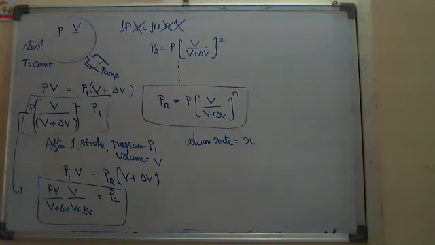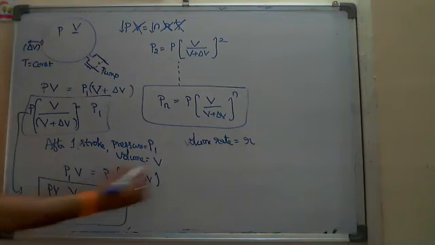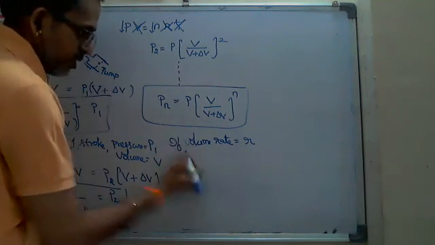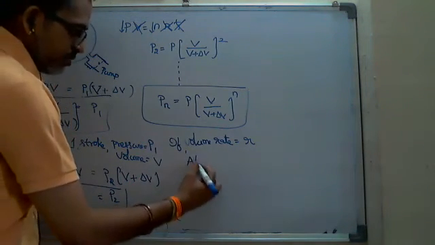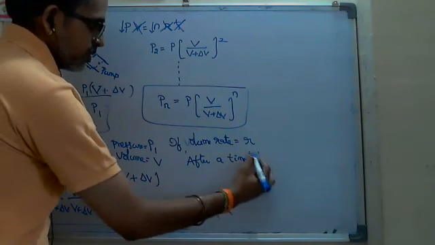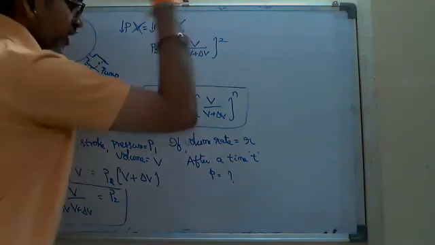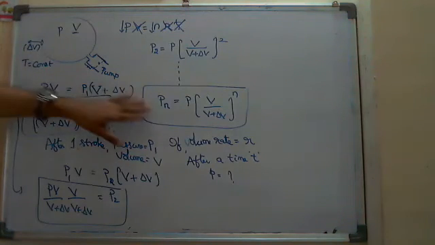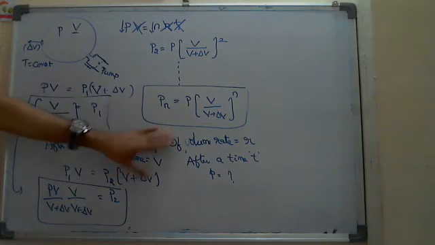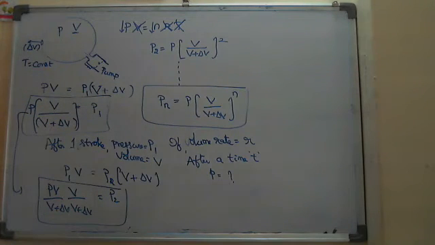Then after some time t, if the volume rate is given like this, what will be the pressure if they ask? Like after n strokes, the relation between strokes and volume, here the volume rate and pressure relation.